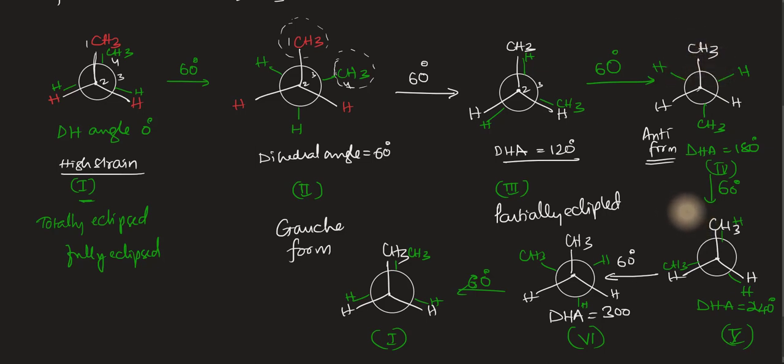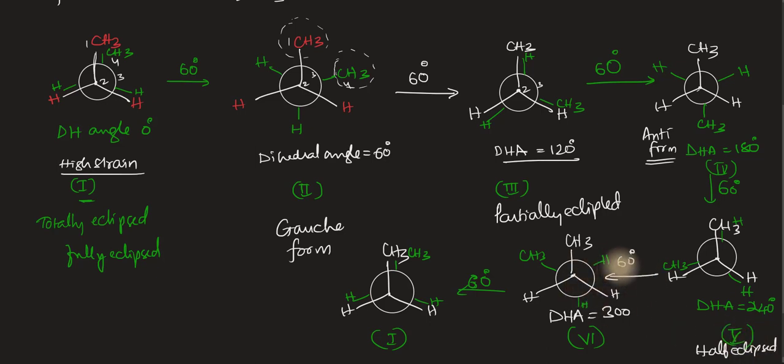As a consequence, the anti form will have the highest stability. Now if I increase the dihedral angle to 240 degrees, the structure is identical to the structure we got when the dihedral angle was 120 degrees. So this is also half eclipsed, or partially eclipsed.